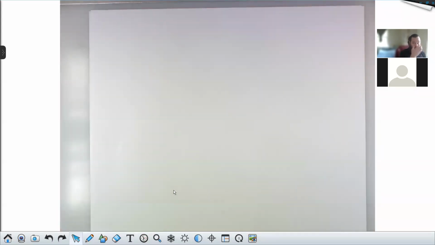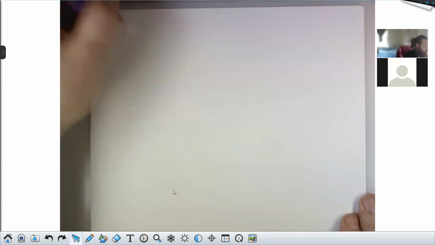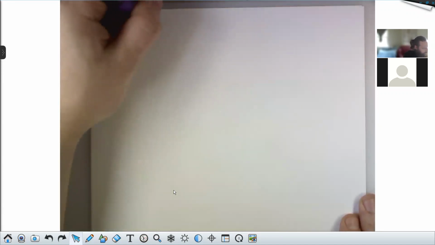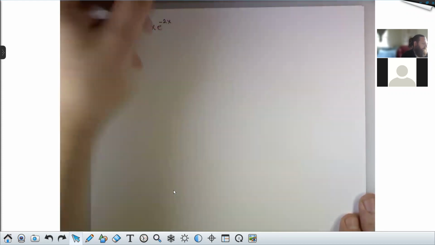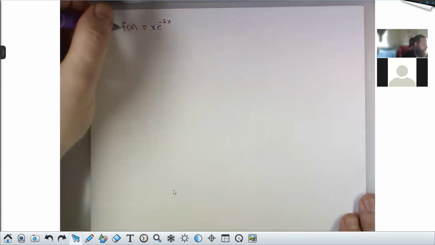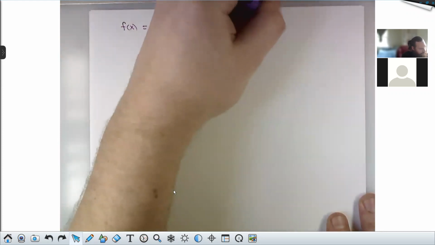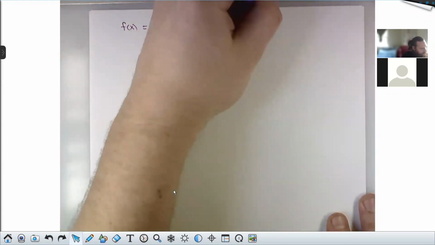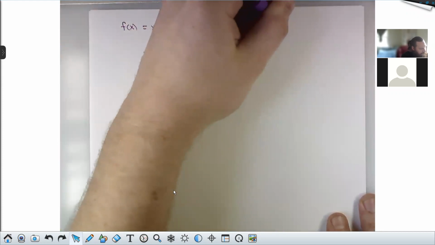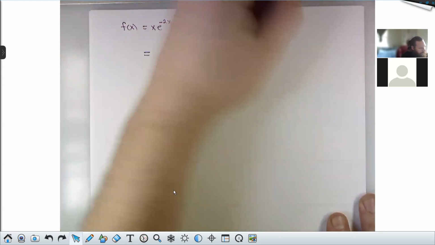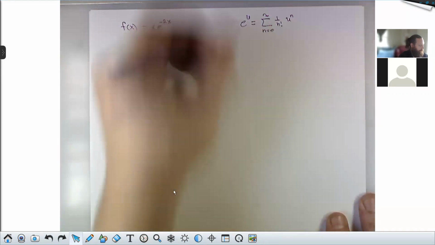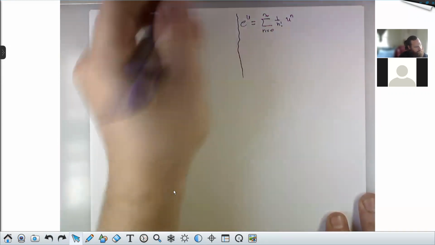So I'm going to find a power series for f of x equals x e to the negative 2x. I'm going to use the fact that e to the u is sigma n from 0 to infinity 1 over n factorial times u to the n. Side work here.